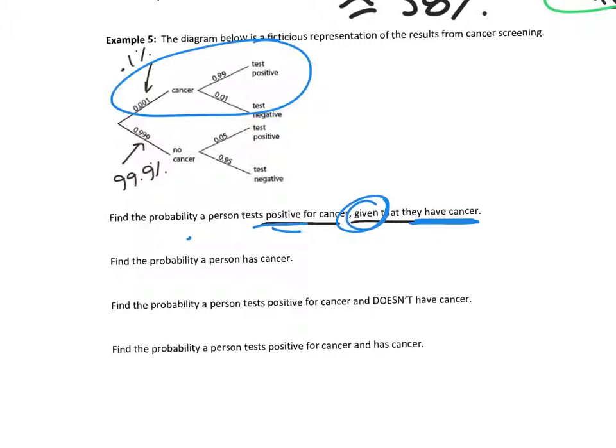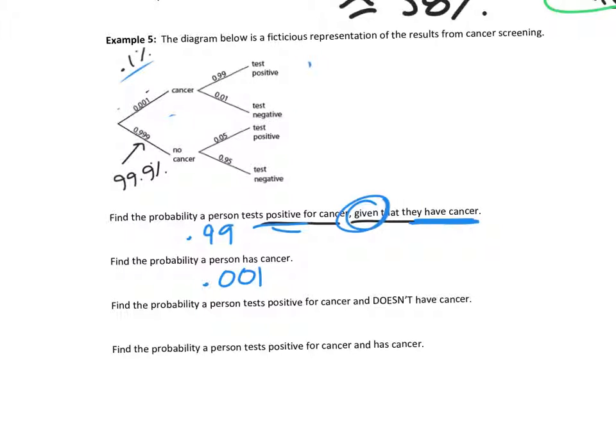Well, it's 0.99. So there's no multiplication in this situation. The second one, find the probability somebody has cancer. This one's already in our chart too. The probability they have cancer is just 0.001.